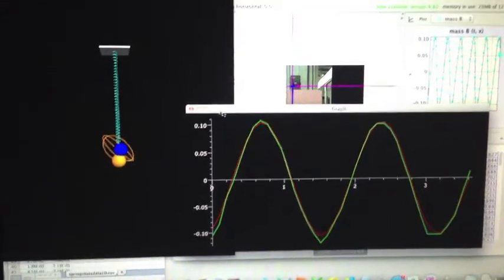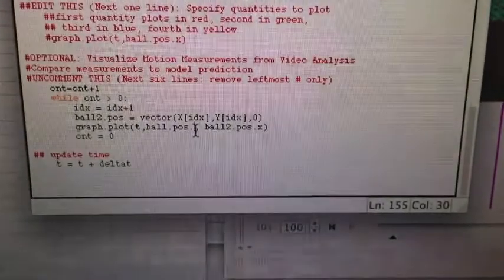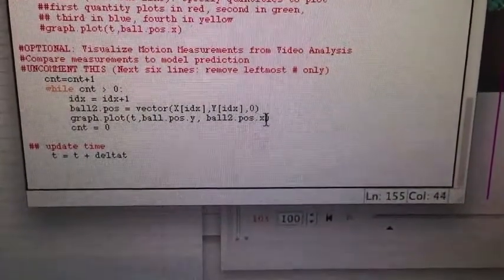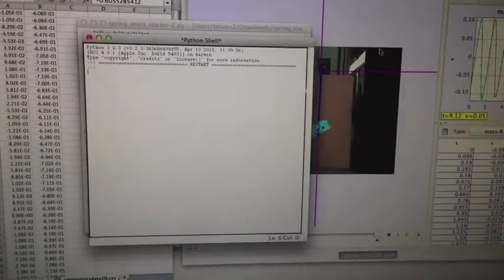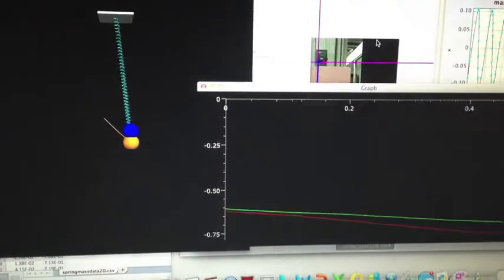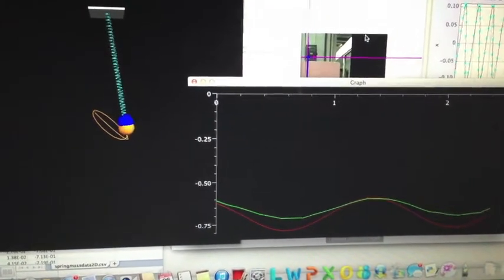So what happens when we take into account the Y, if we do this as the ball dot position from Y? So we'll just go over here and change these. And we're going to run that. As you can see, our graph looks a little bit different from the very first one.